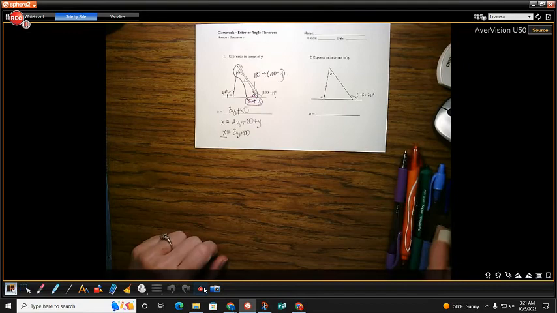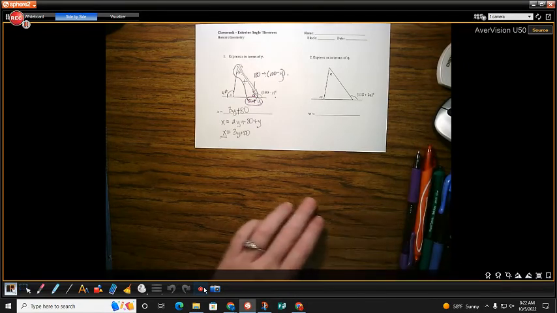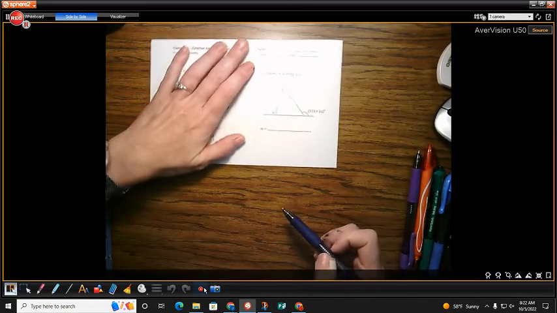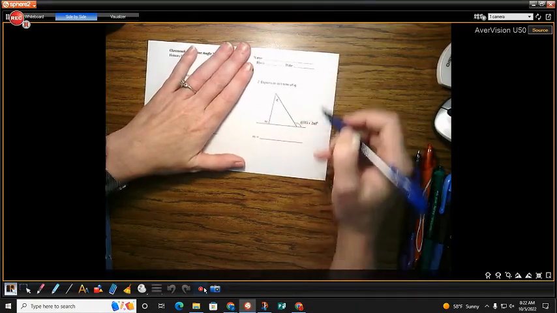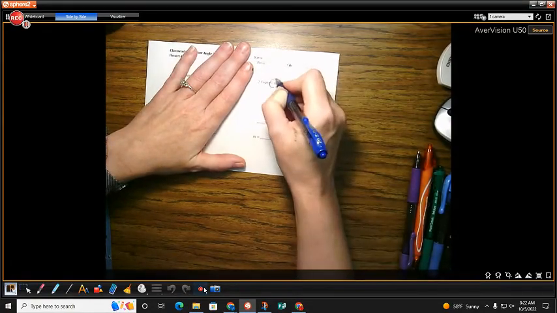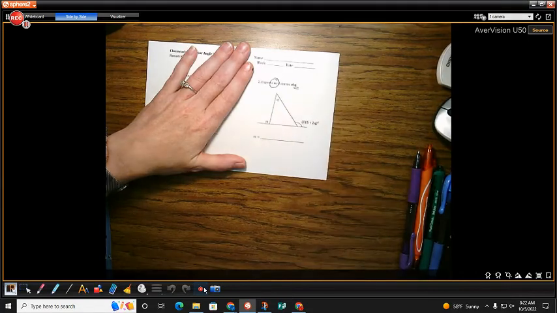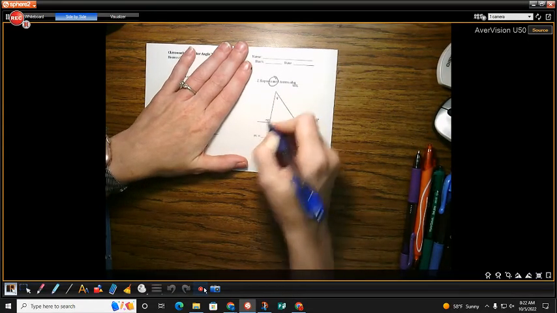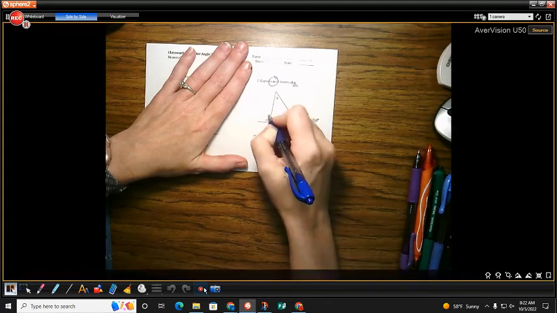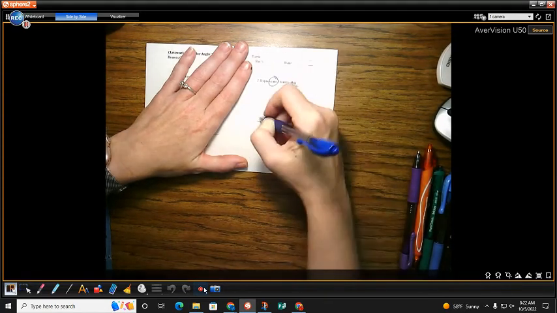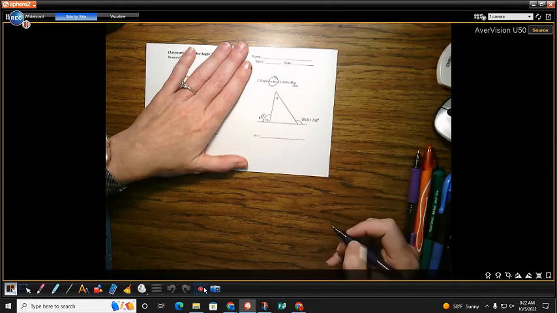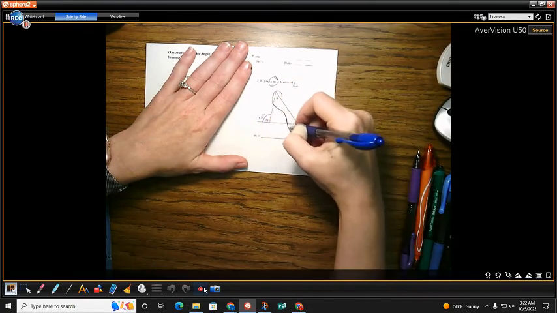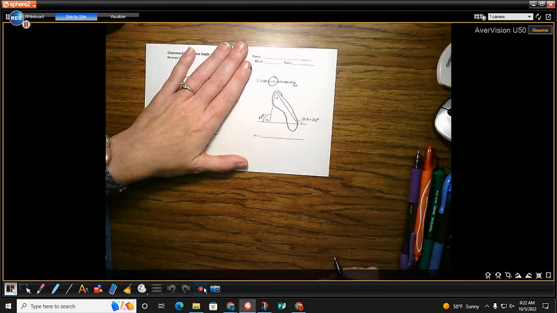Shall we try another just to make sure it wasn't a mistake? What are you supposed to find? M in terms of q. How will I find m? It's an exterior angle, so I need to add its remote interior angles.